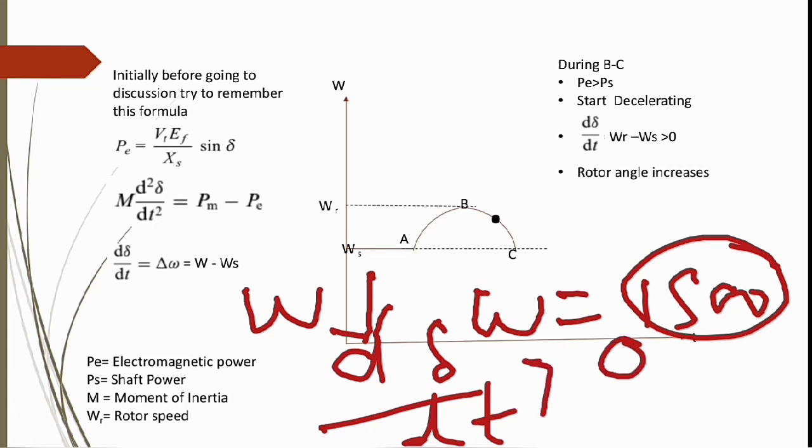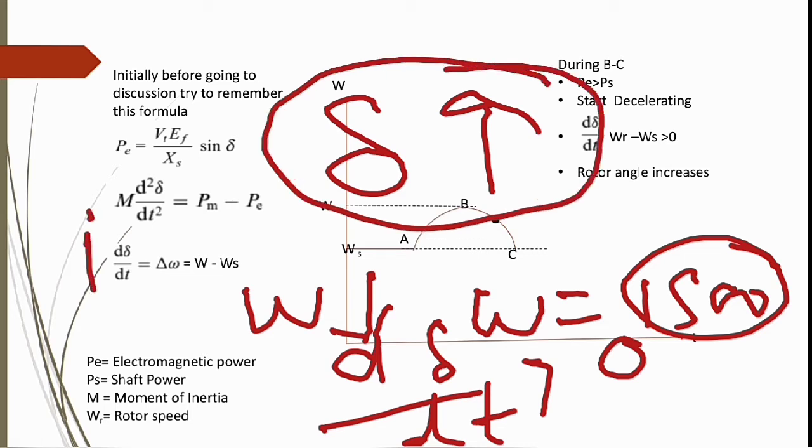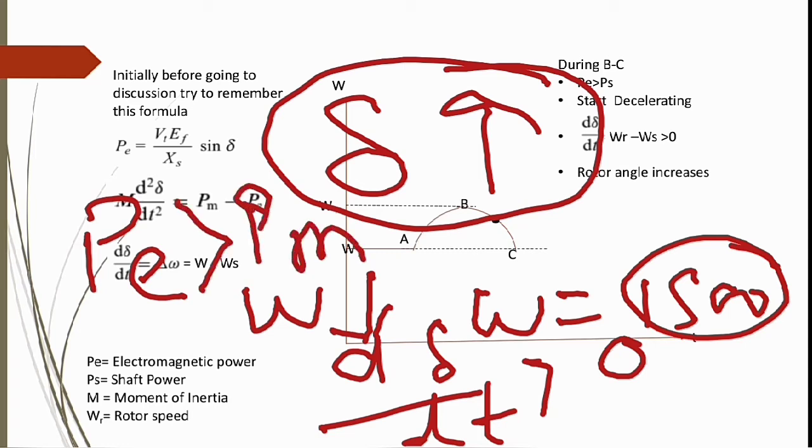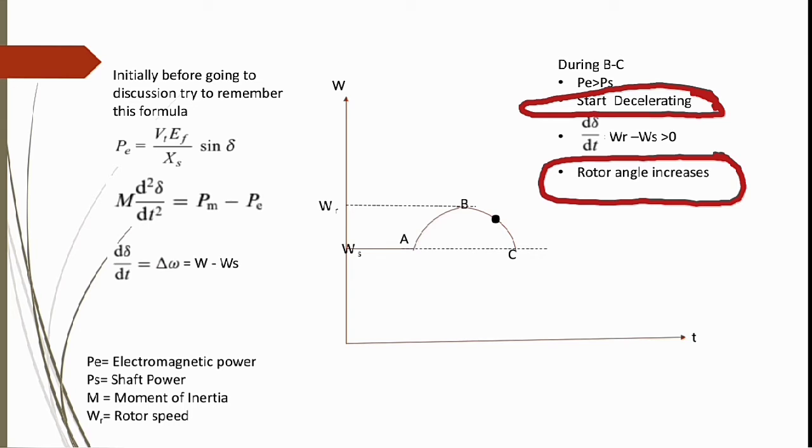Okay, so that means del again increases during B to C, and PE increases to PM. That's why the deceleration occurred. So in this way from B to C, there are two most important things: deceleration occurred and the rotor angle again increases. Those two things happened here.